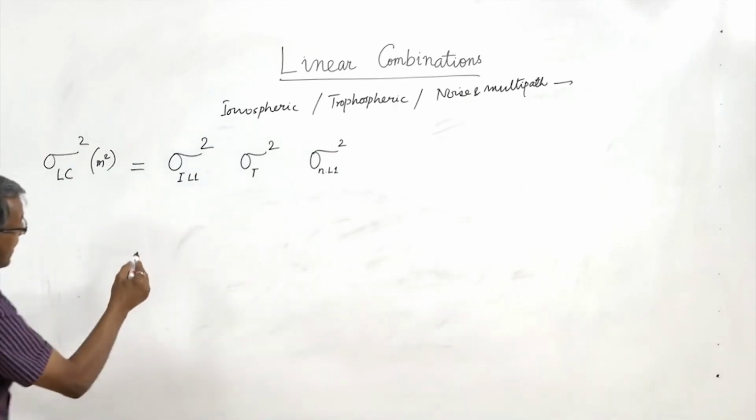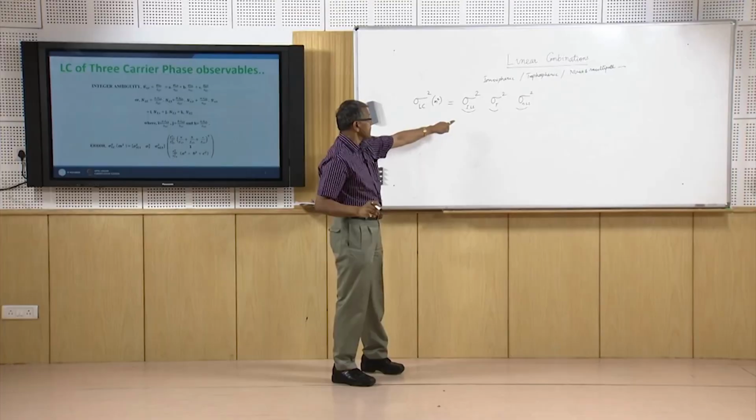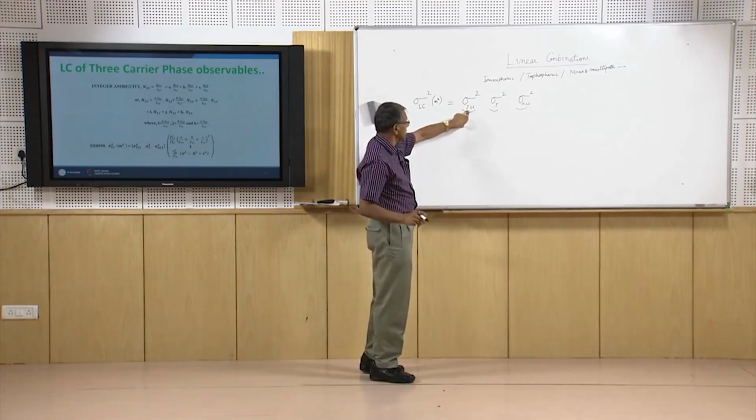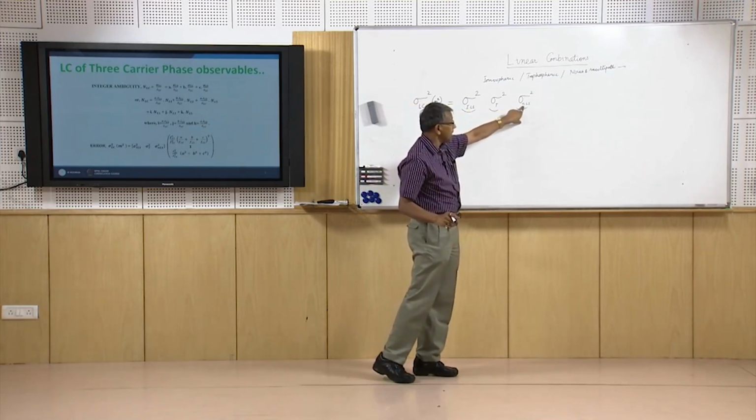So these are the root mean square errors of the individual L1 signal: the ionospheric error, tropospheric error, and the noise and multipath error.